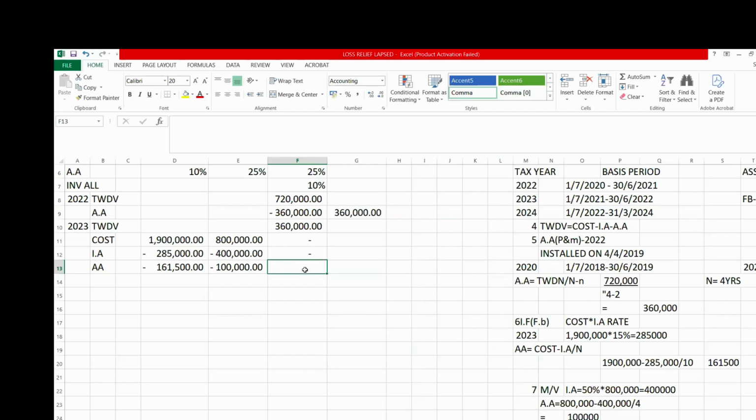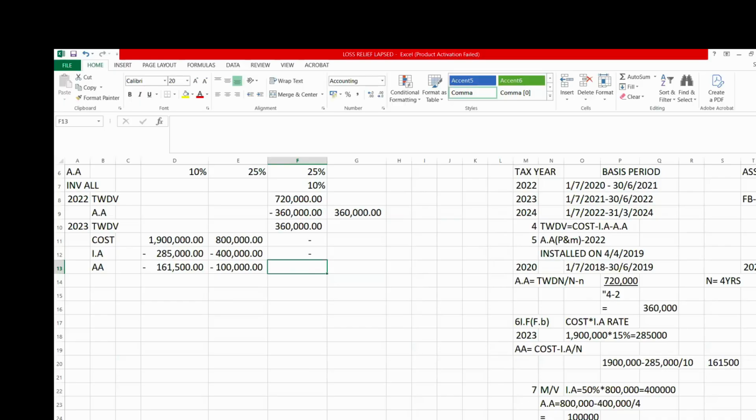But I told you that at the end of the useful life of an asset, we are supposed to retain 10 naira as the value of the asset. Because 2023 is the end of the useful life, you are going to retain 10 naira.